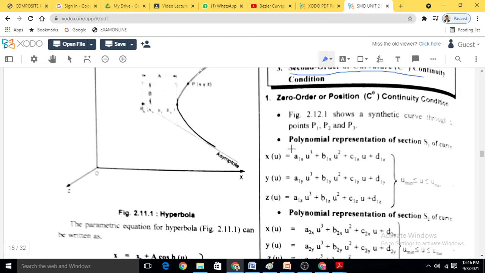See this, this is the equation of x(u), y(u) and z(u), and a1x, b1x, c1x, d1x are the variables that we need to find, and the value of u varies from u minimum to u maximum.